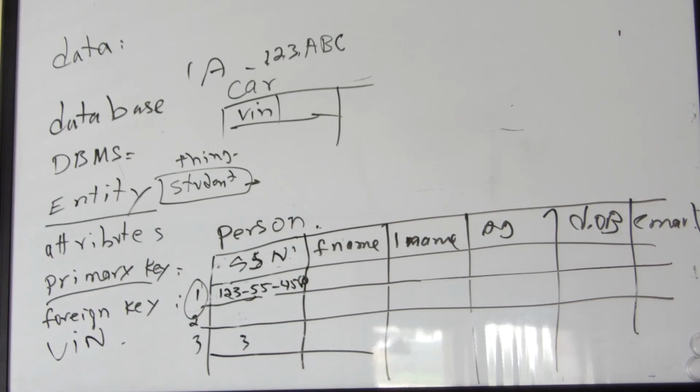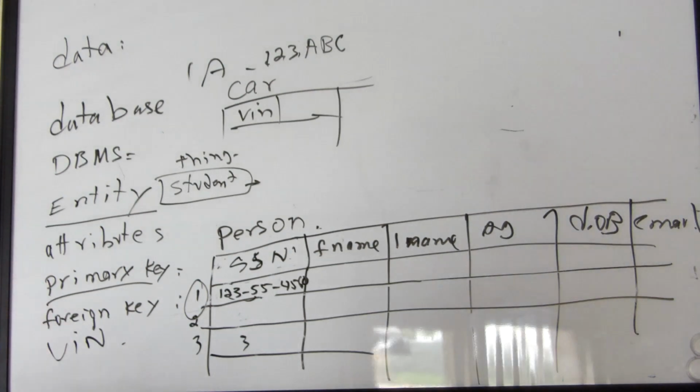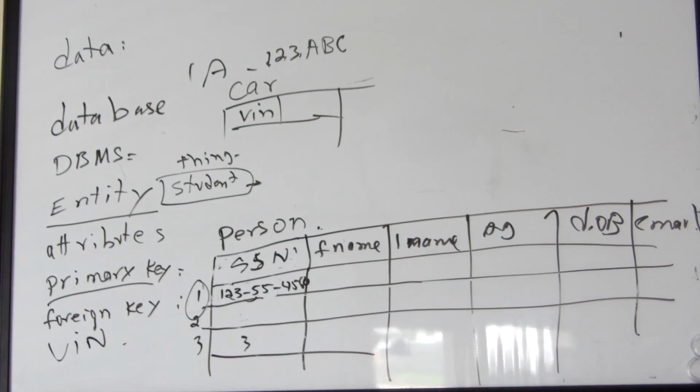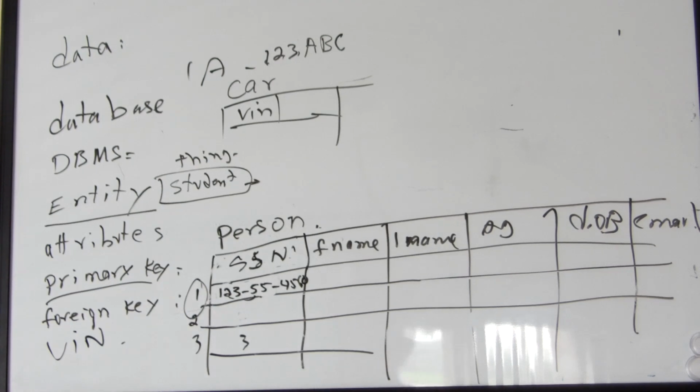Then you can define the attributes: what this entity, what the car looks like, what information about the car you want to have, make, year, and other information. So it depends on the table. You define different attributes, and now we are finished with the primary key.